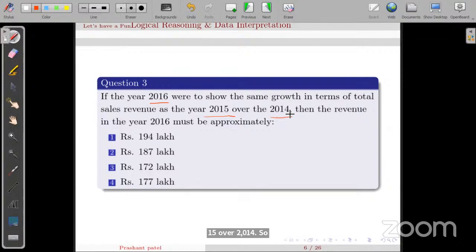So the growth rate from 14 to 15 is the same as the growth from 15 to 16. That is the question they have asked.